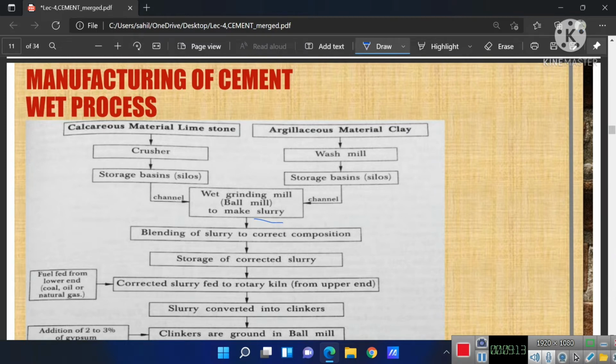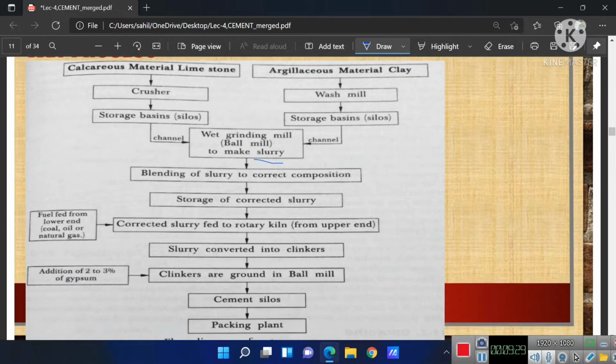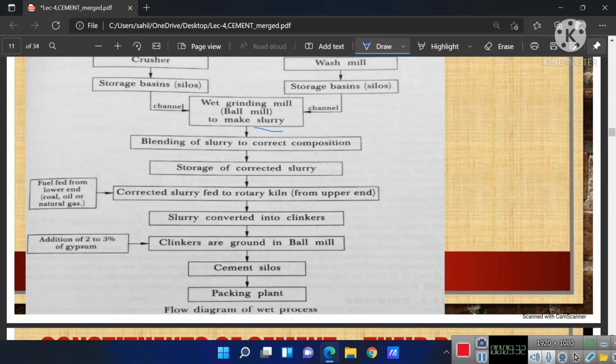Now the argillaceous material is sent to a wash mill, then a storage bin. Then from the ball mill, blending of slurry to the correct composition, so it is mixed to the correct composition. Now it is stored, and then it is sent to the rotary kiln from the upper end, and fuel is fed from the lower end, and the fuel is basically coal, oil and natural gas.